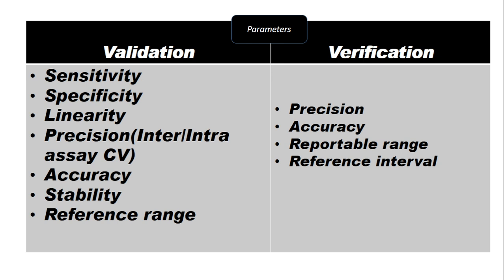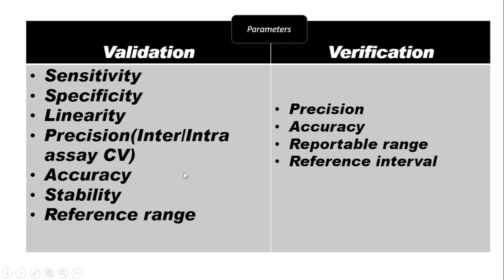Coming to the parameters, there are some major parameters required for validation and verification of test methods. To validate a new method: sensitivity, specificity, linearity, precision, accuracy, stability, reference range.